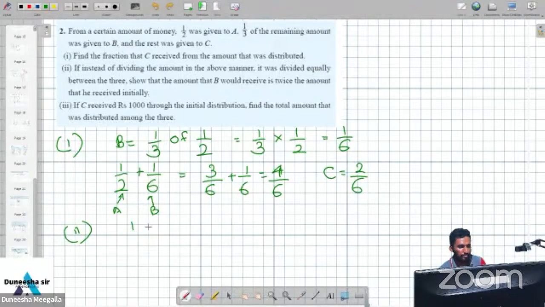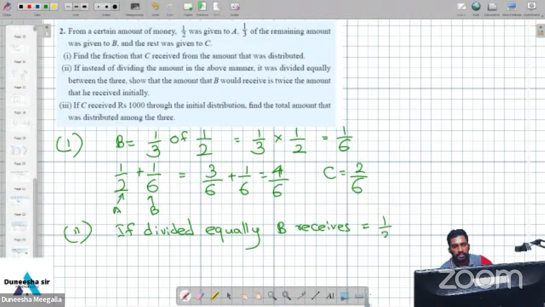1/3. If divided equally, B receives how much? 1/3. Then in this one, B initially received 1/6.